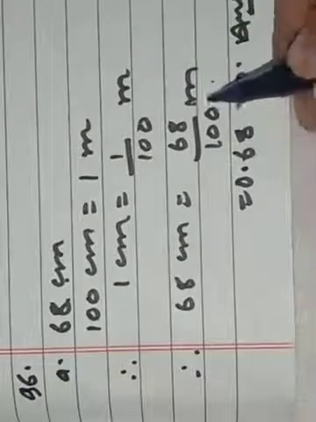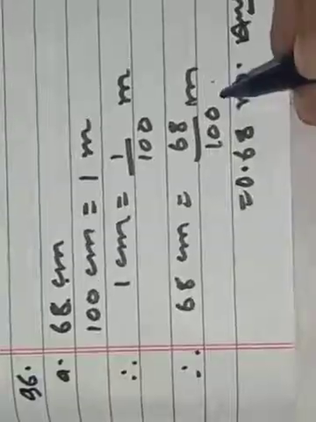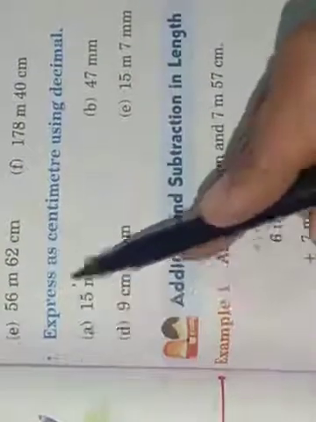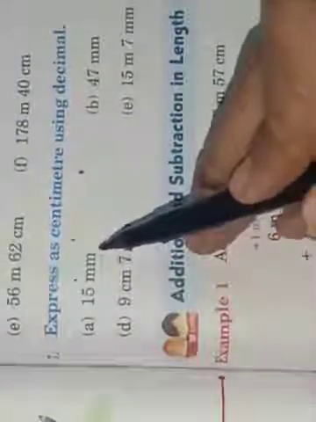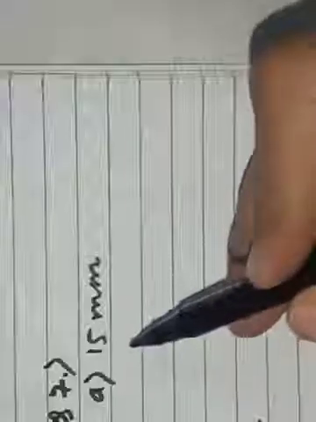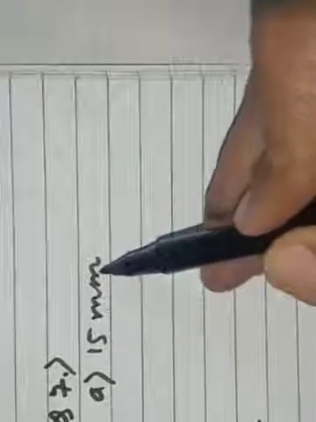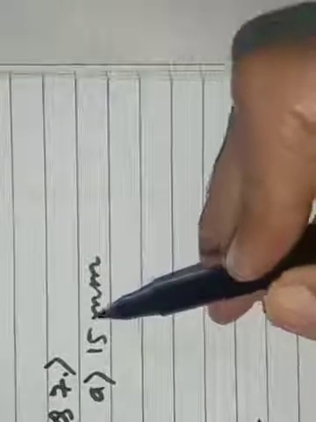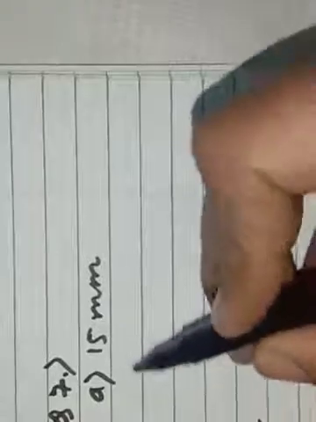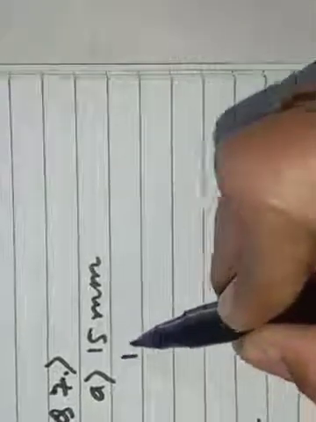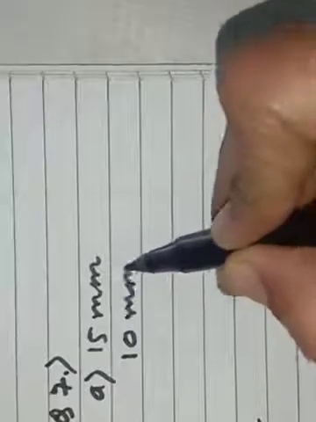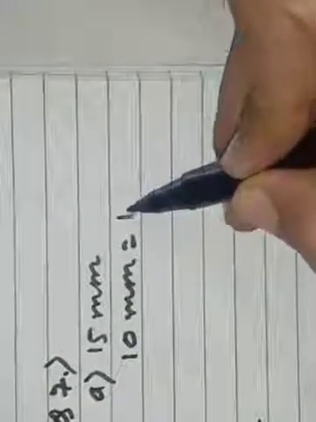Now move to question number 7. Question number 7, express as centimeter using decimal. Let's do it. A 15 mm. We have to express 15 millimeter as centimeter. Okay, let's do it. As we know, 10 millimeter is equal to 1 centimeter.